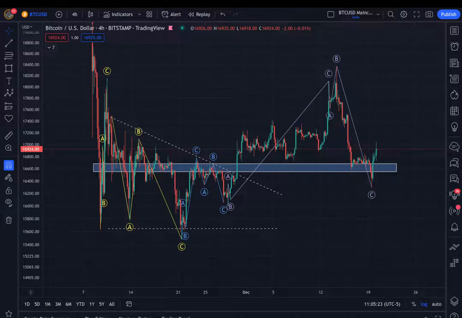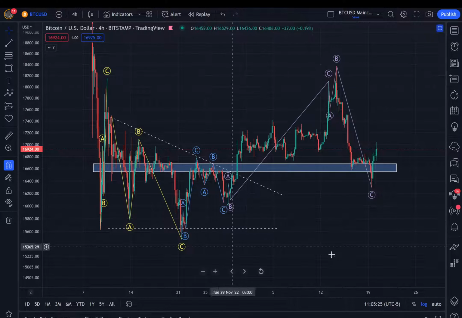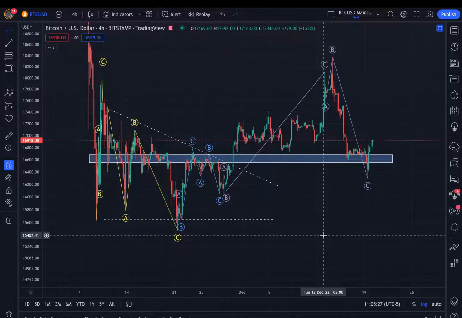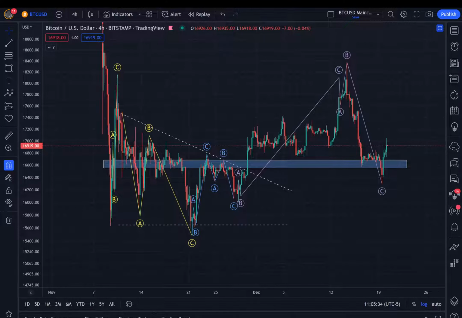Let's get started. Looking at Bitcoin on the 4-hourly time frame, you'll see a lot of annotations, a lot of lines, a lot of colors. It's not that complicated. Let me break it down for you. If you follow this channel, you know I speak at length about something called reversal consolidation, or A-B basing patterns. It's a concept that's not very well studied in Elliott wave theory.